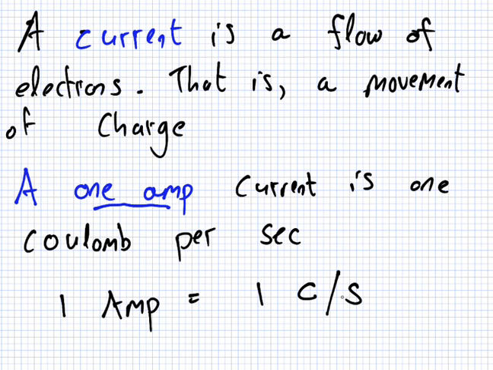You see that? 13A? You've probably seen this anyways, but that means 13 amps. So that means this here, when it's plugged in, there's 13 amps, 13 coulombs each second passing through it, okay? So that's what amps mean.